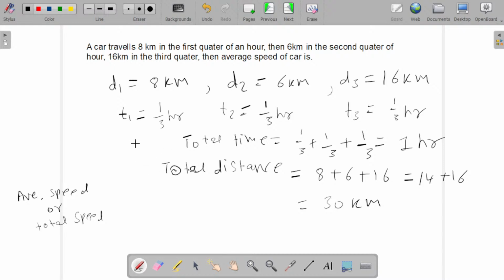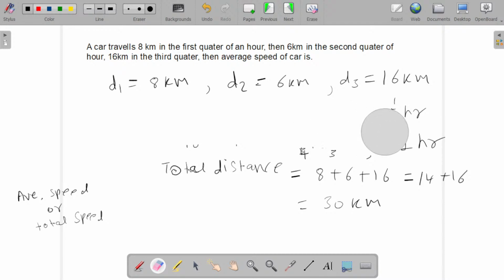Wait, here is one thing I missed. 1/4 of an hour means 1/4 time will be taken for each, so it will be 3/4. Let me solve it again. It's a mistake here, I missed one word. Let me write this again.